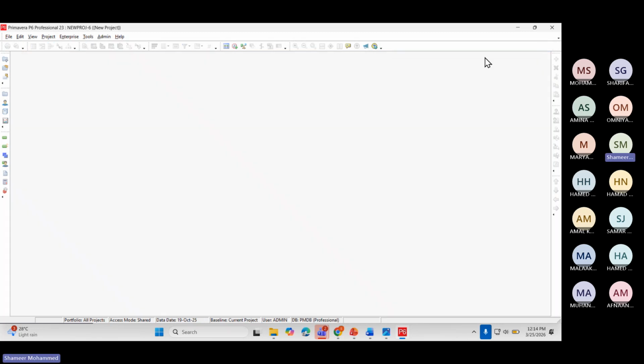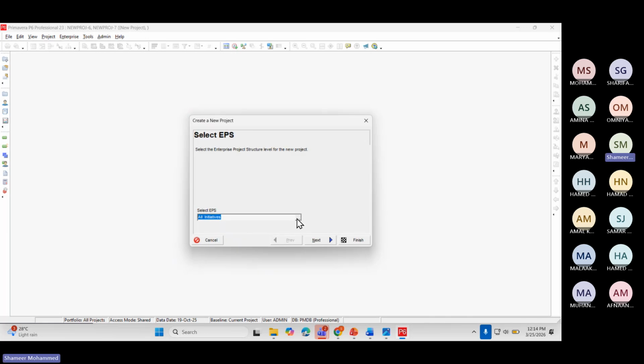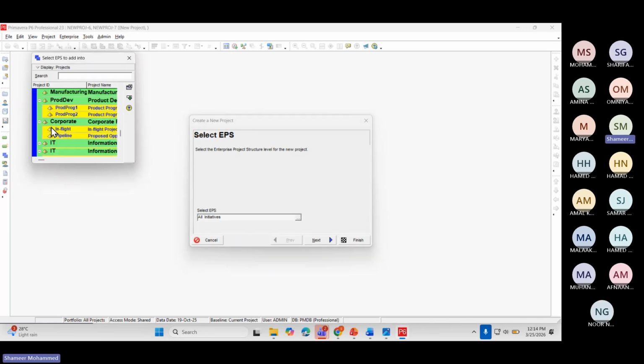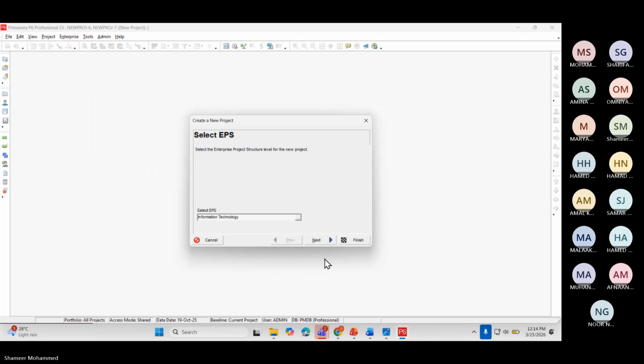I will close this. I will create a new project, right? Which is an IT project. So I choose here IT, but for the name of the project, you can give any name, like UMass advising management system.